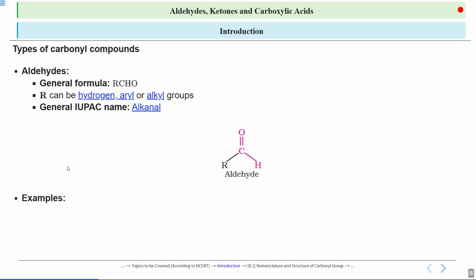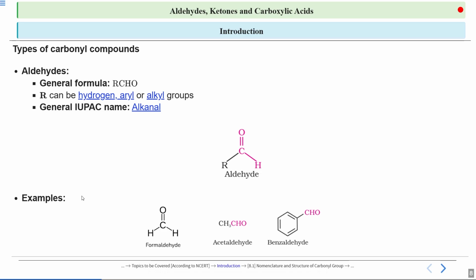Now let's see some examples of aldehydes. If you look over here, this is the carbonyl group which is present. On one side there is hydrogen and on the other side also there is hydrogen. I said that this R group can be hydrogen, alkyl or aryl, so over here it is a hydrogen. The common name of this is formaldehyde.